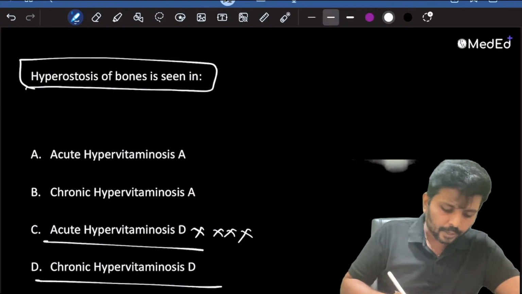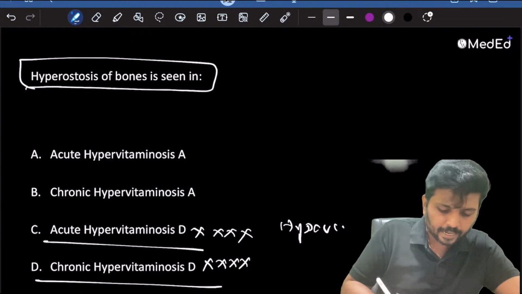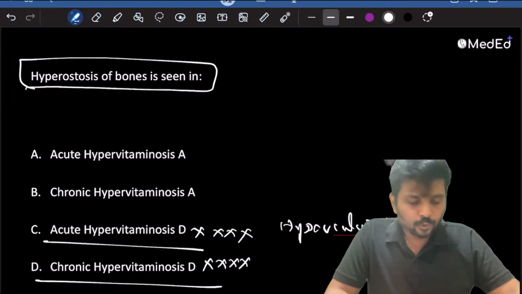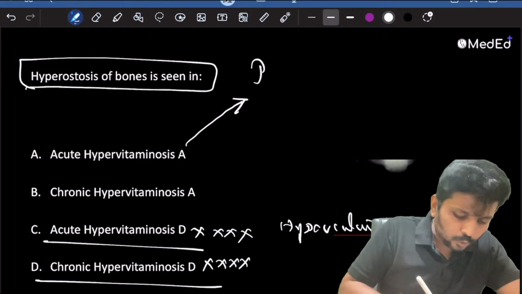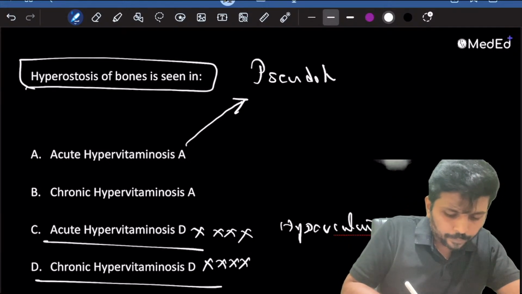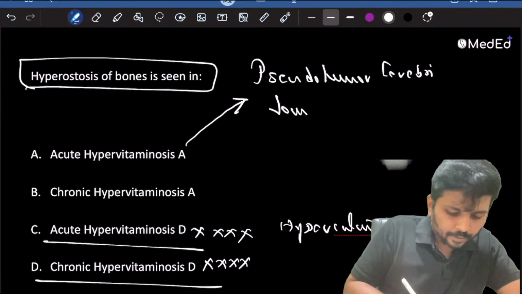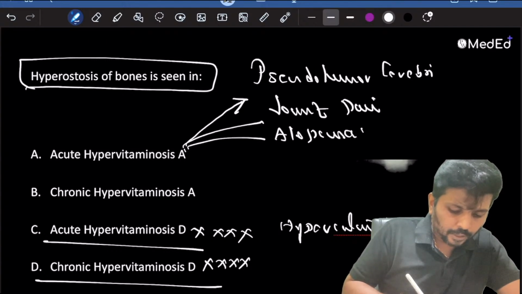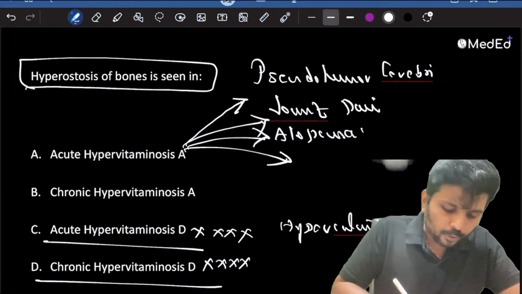Your acute and chronic hypervitaminosis are characterized by hypercalcemia, not associated with hyperostosis, whereas acute hypervitaminosis is characterized by pseudotumor cerebri, joint pain, alopecia, and hepatosplenomegaly.